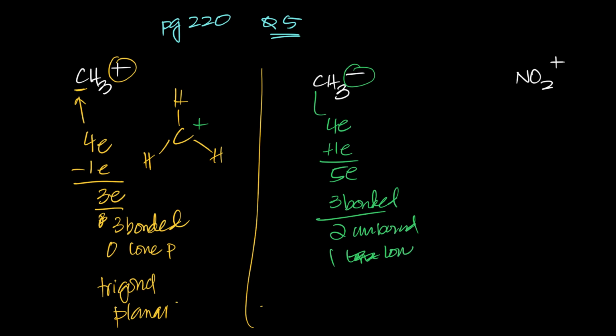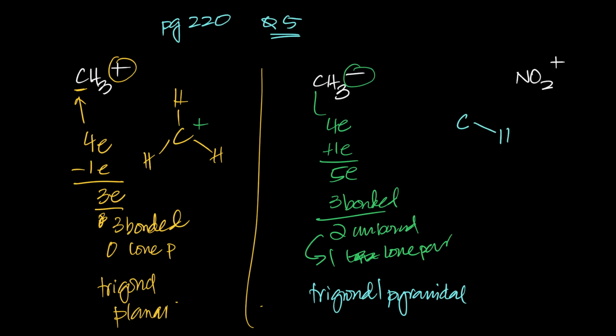So 1 lone pair and 3 sigma bonds. 3 sigma bonds and 1 lone pair is trigonal pyramidal, which means 3 bonds and 1 lone pair. Done.